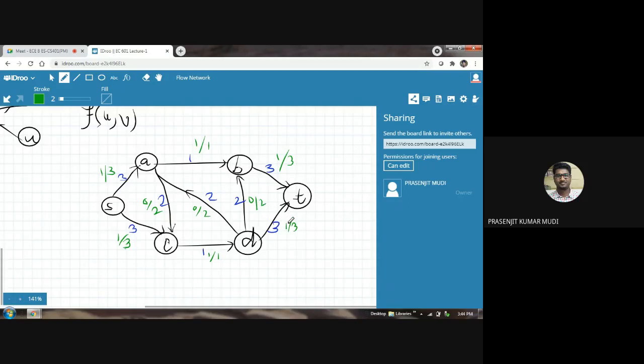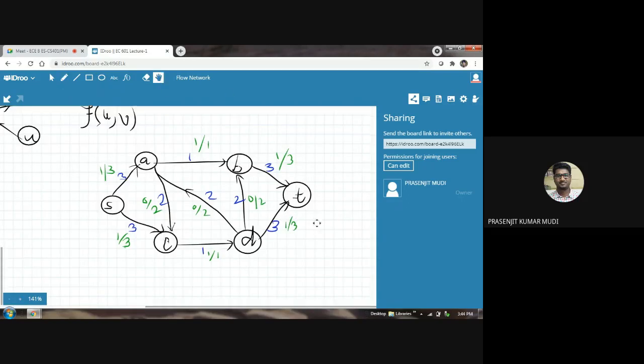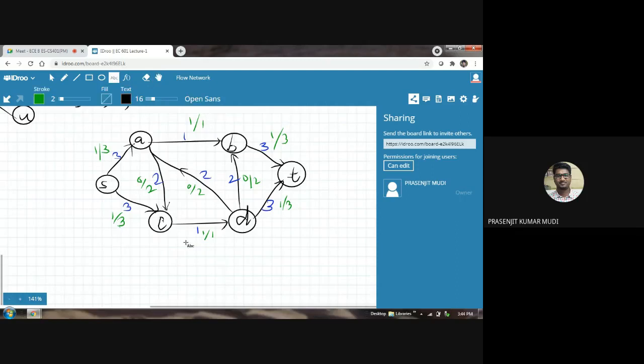Okay, so this is a flow network. This is an example of a flow network.